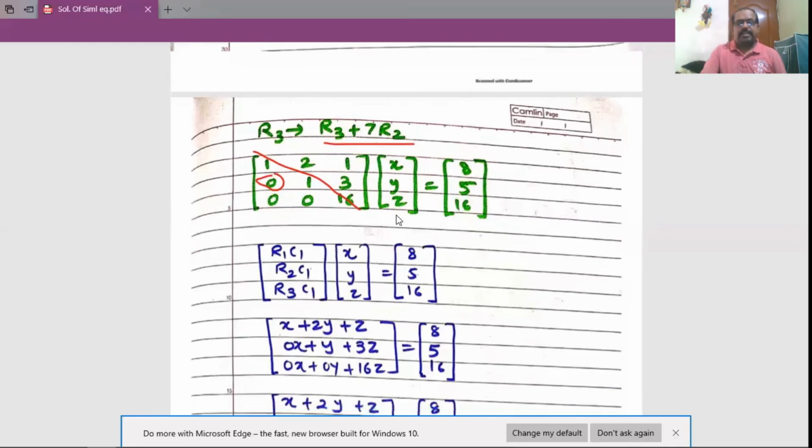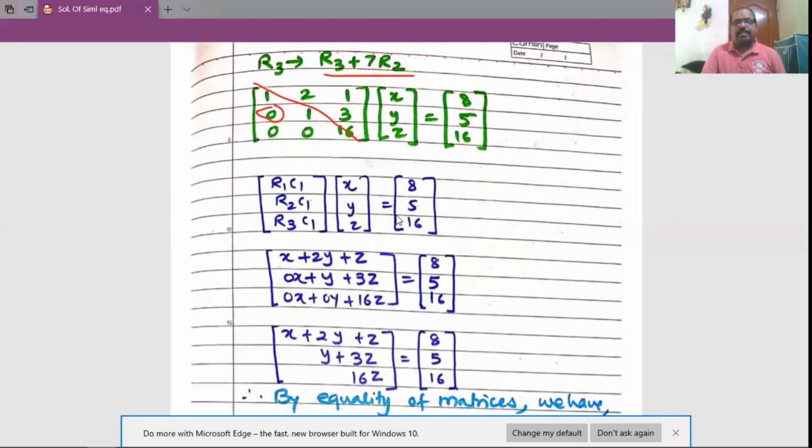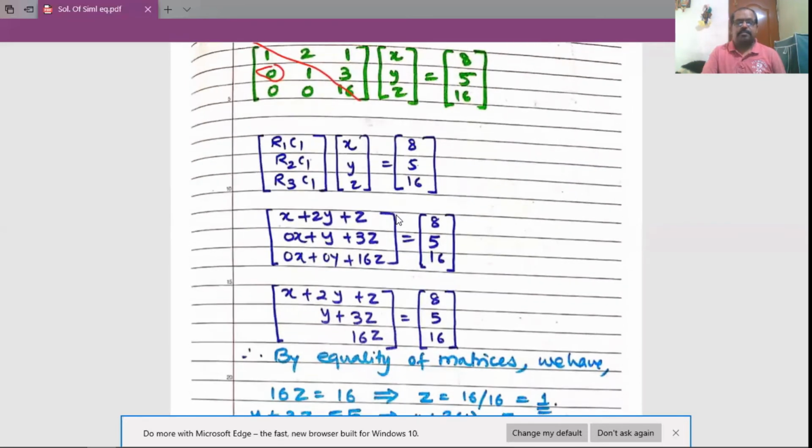So after getting this matrix, now I need to equate these two matrices. By equality of two matrices, two matrices are equal only when their orders are equal. Once the orders of these two matrices are equal, we have to equate the corresponding elements.